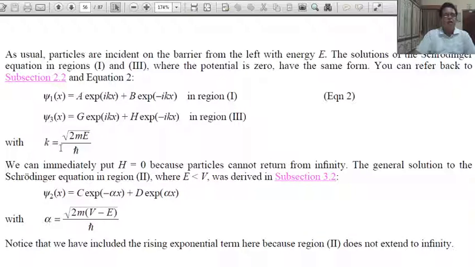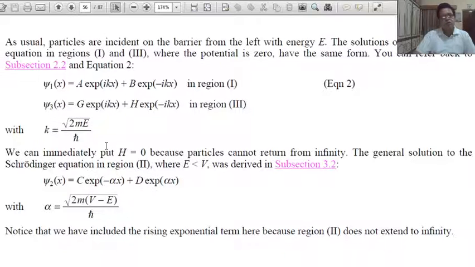What is k? k equals root of 2mE upon h-bar squared. Here we immediately put H equal to 0, because there is no boundary in the third region to reflect the particles, because particles cannot return from infinity.